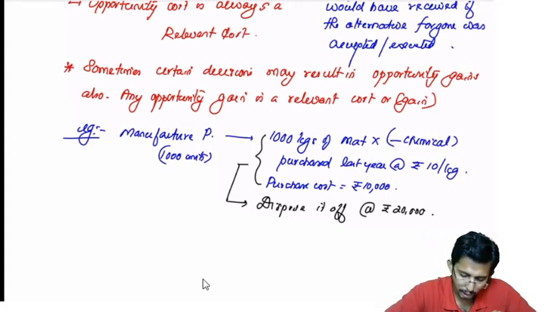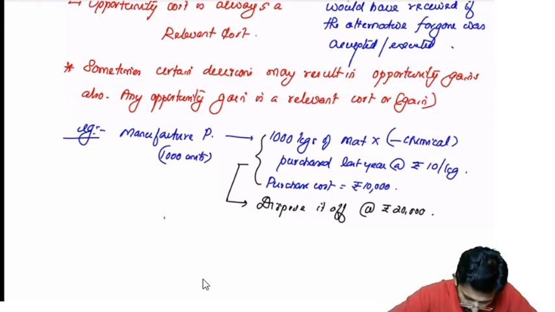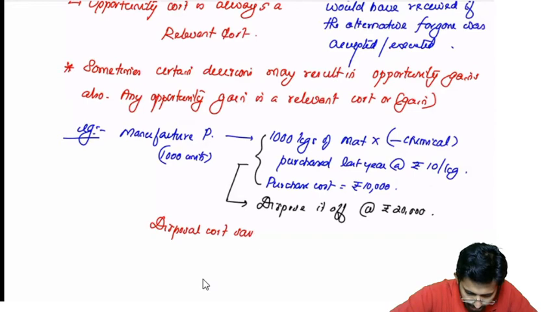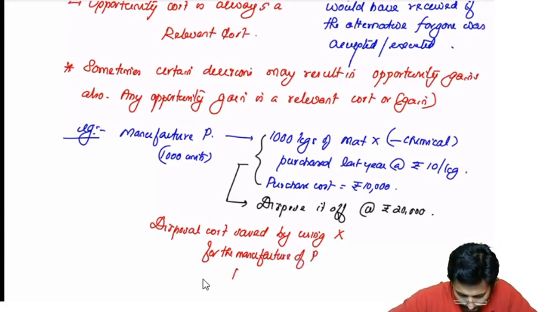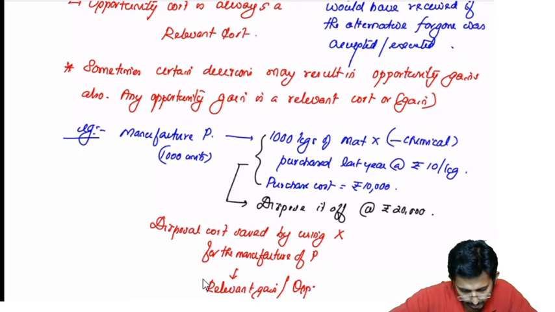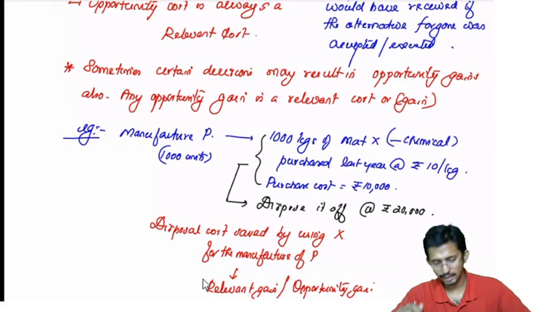So the disposal cost saved by using X for the manufacture of P is a relevant gain, or an opportunity gain. Is it clear? It is an example.